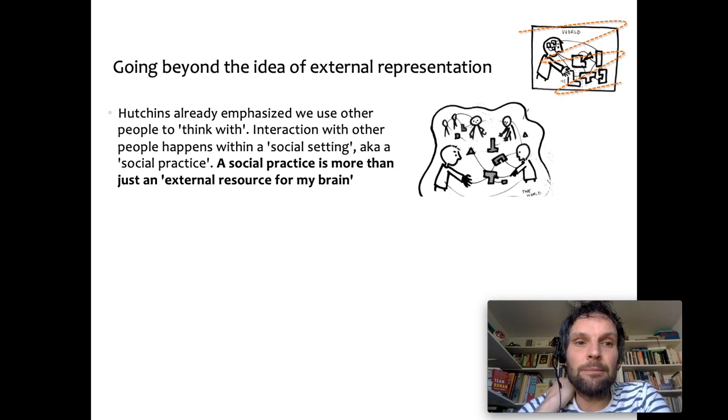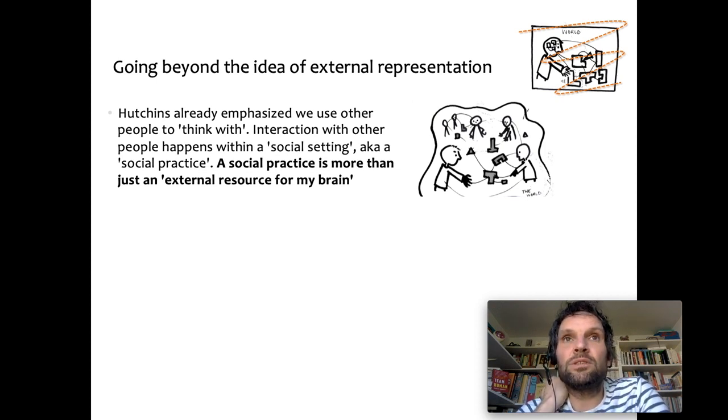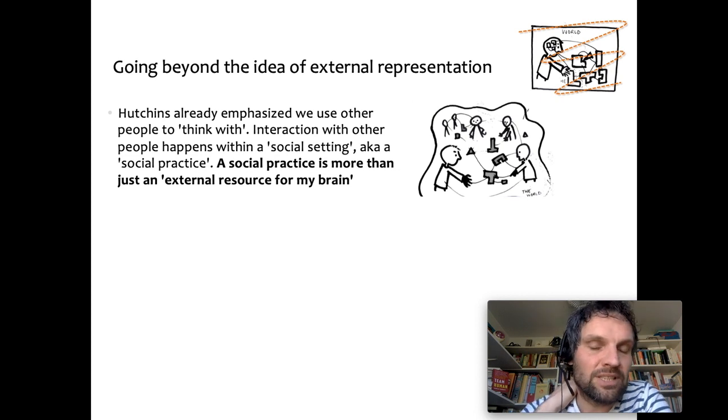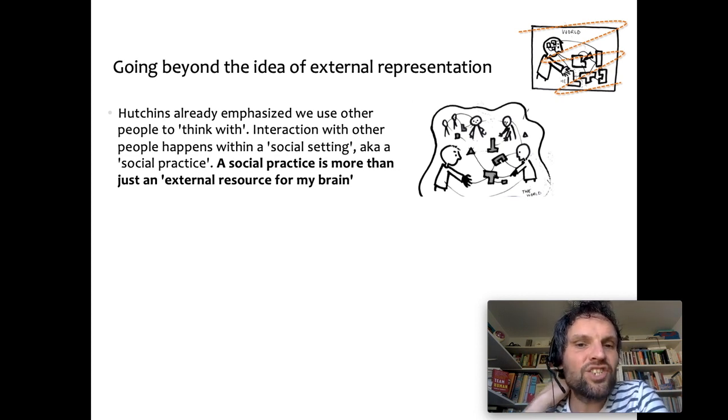But Ed Hutchins, who was the guy from distributed cognition who studied the Navy ship, already said that it's not just tools, physical objects, the nautical slide rule and so on, that we use to think with. We also use the interactions with other people in a social setting, a social practice.